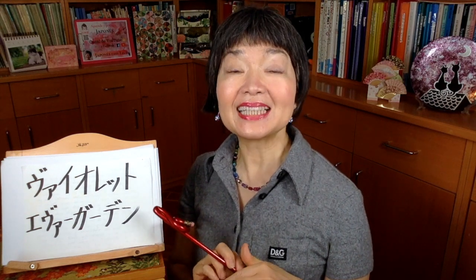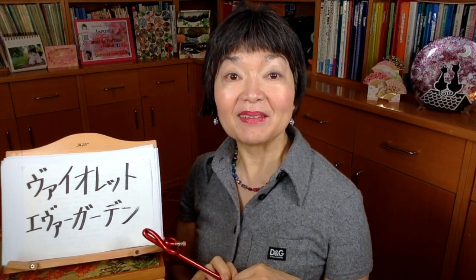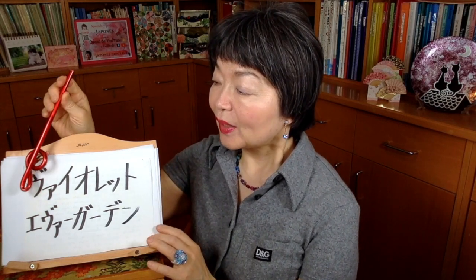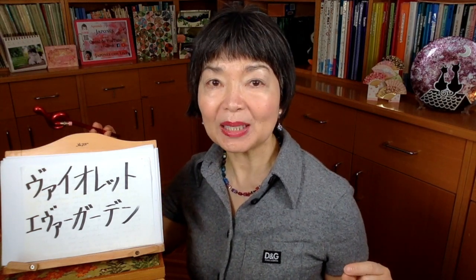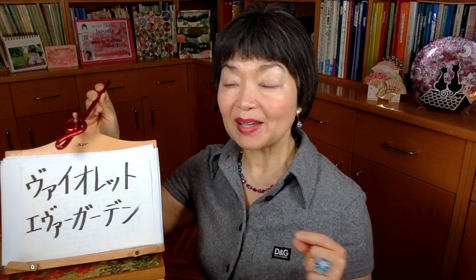This one is the title of an anime, a very, very beautiful anime that I can recommend. Violet Evergarden. You know, Violet Evergarden. Because the title is like this, it's not written with B sound, so I just wrote it like this.